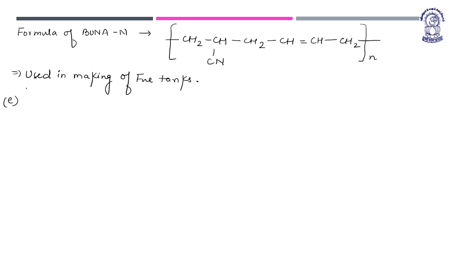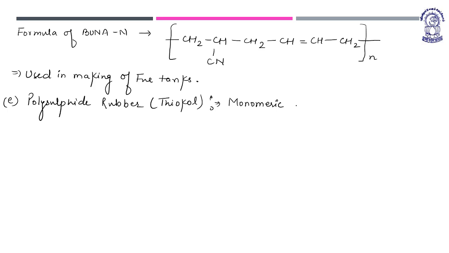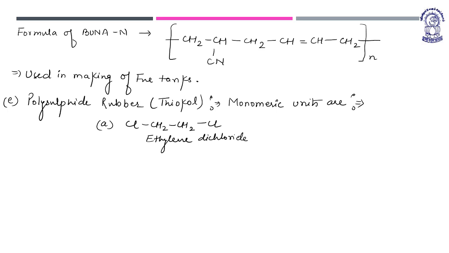Next is polysulfide rubber or thiocol. The monomeric units are ethylene dichloride, this is a vicinal chloride, plus sodium tetrasulfide.